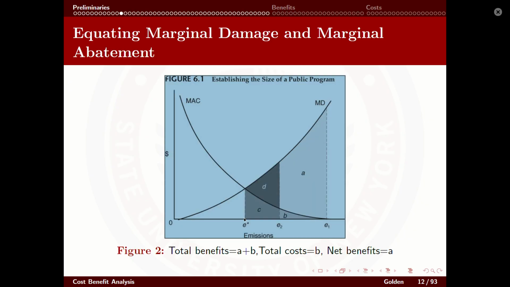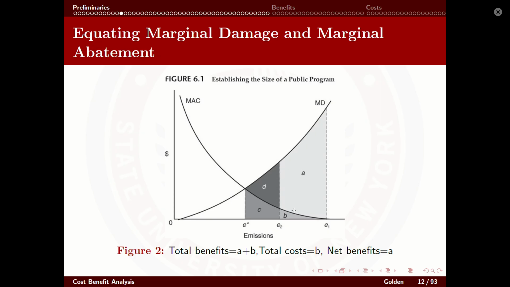And then the total benefits at E star of that level of pollution are A plus D. So it's the area under the marginal damage curve.